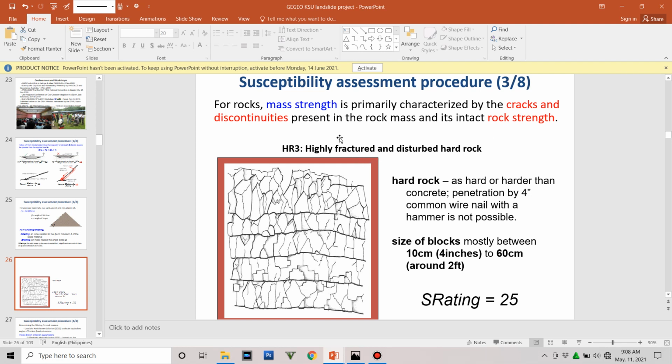So we also have what we call intact rock strength and the GSI, the Geologic Strength Index.